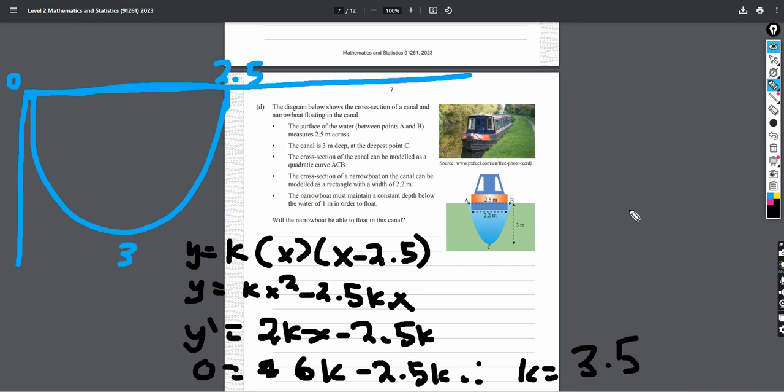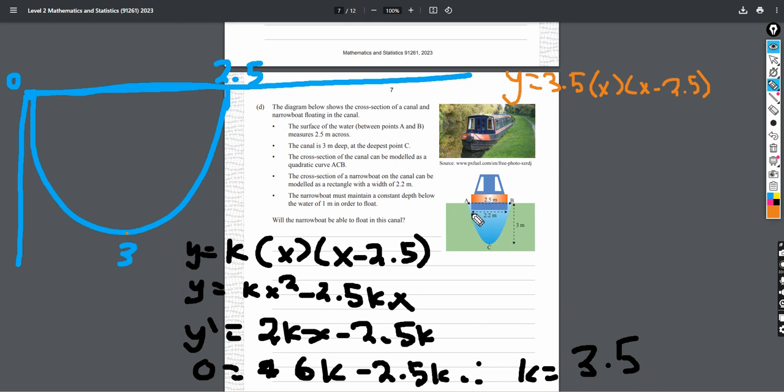Yep, k equals 3.5. Hence the equation is y equals 3.5x minus 2.5.